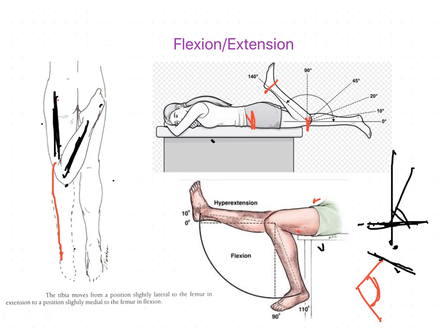If you can see, in the normal gait on level ground, the person requires approximately 60 degrees of knee flexion.